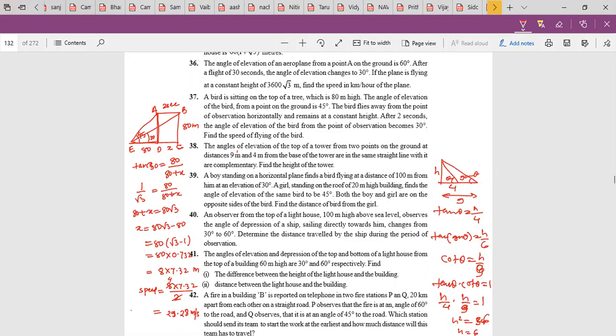Ma'am, I'm not getting the 39th one. Draw the diagram properly. Ma'am, I drew it, I'll send it to you. Ma'am, how is it 30 root 2? I'm getting 30. No, it's not 30, your diagram is wrong.